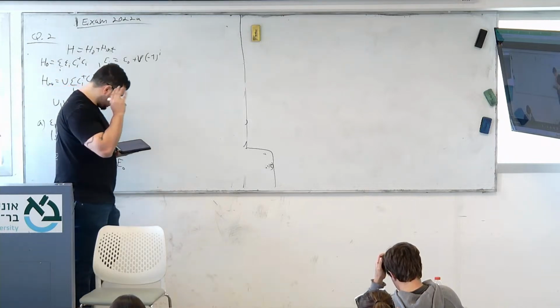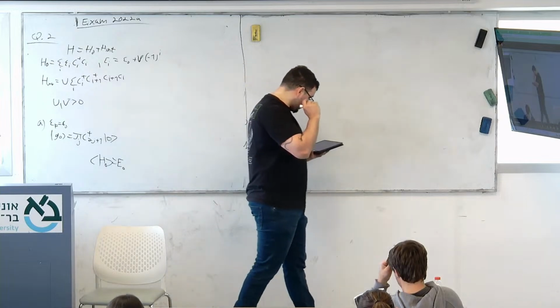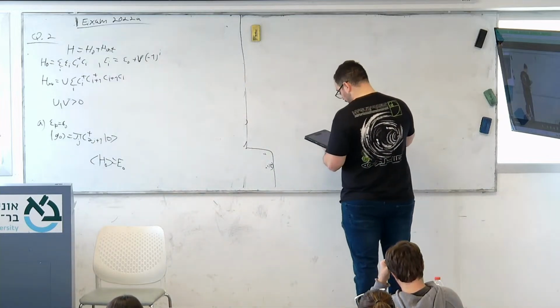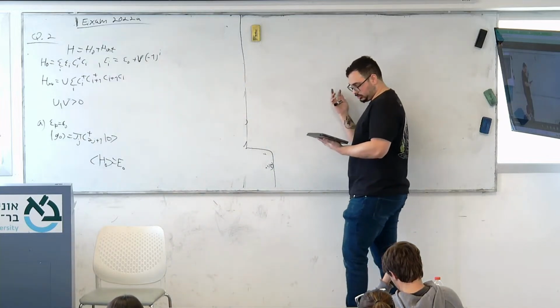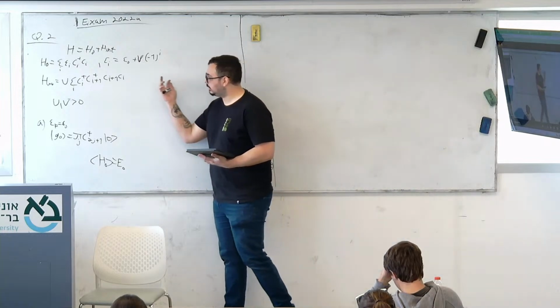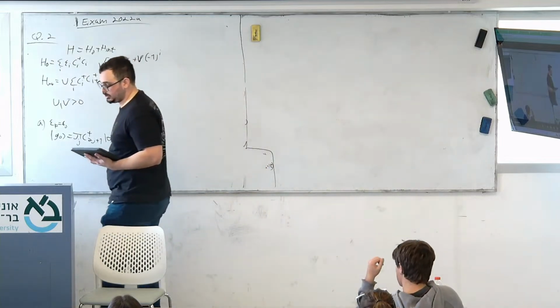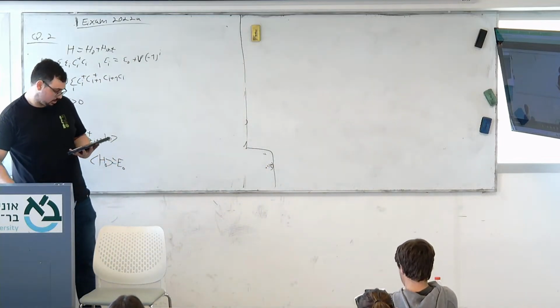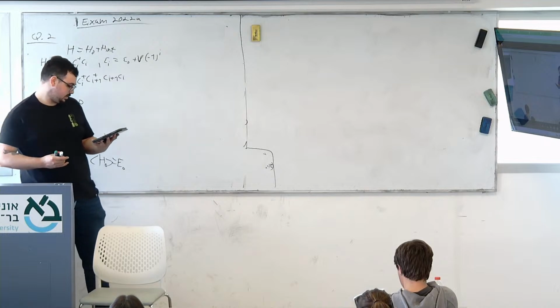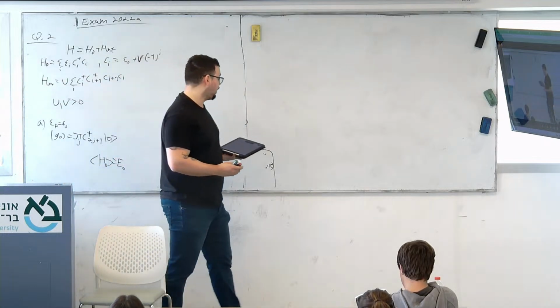Right? So now that we explained it, we wrote it, they want us to take the interaction term, do the Hartree-Fock approximation, and then to show that one of these, the Fock term, vanishes.